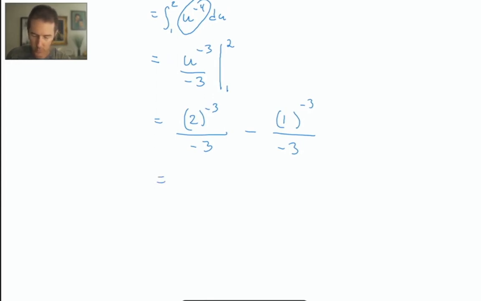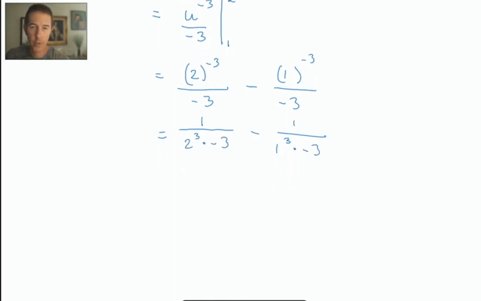This is equal to, well, it's equal to 1 over 2 to the third times the negative 3 that was already down there, minus 1 over 1 to the positive third times the negative 3 that was already down there. That's one way to do this.